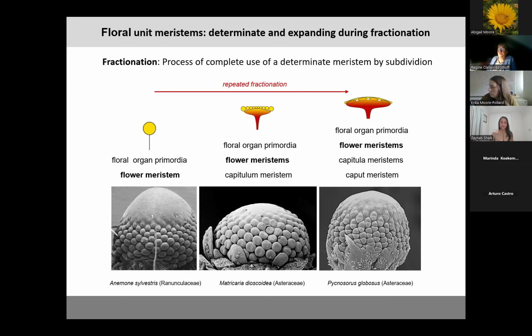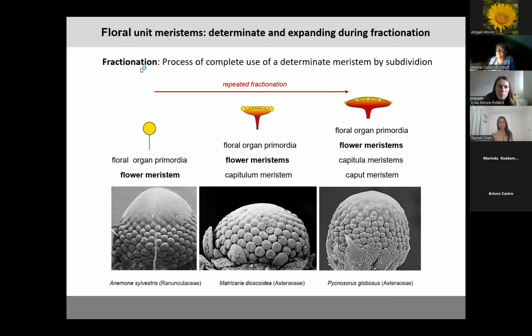Let's start with the floral unit meristems. They are determinate. That means that they have lost the capacity of terminal growth, of apical growth. They have no central zone or vegetative meristem system which continues open growth. They are determinate, and they are able to enlarge before and during subdivision.